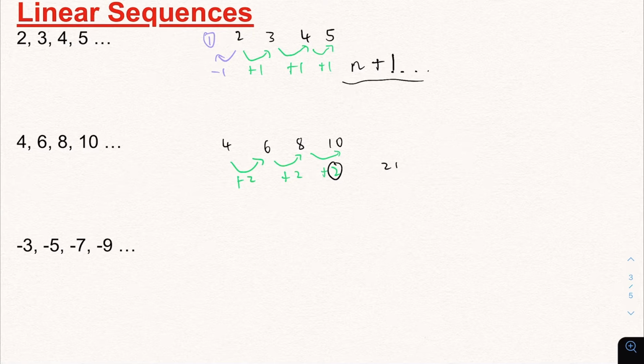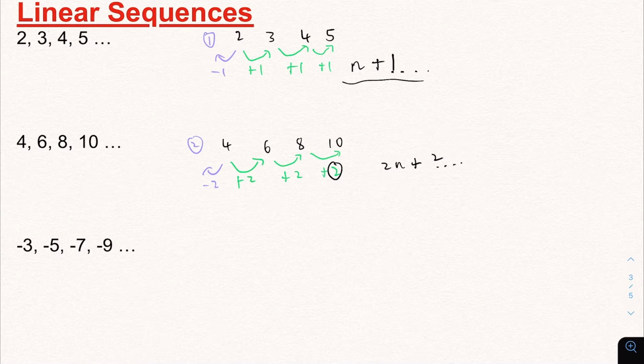So you say 2n plus something. We need to find the something, so we subtract 2, because we add 2 to go to the right. So to go to the left, you subtract 2. So 4 minus 2 is 2. That means the equation would be 2n plus 2. There we go.